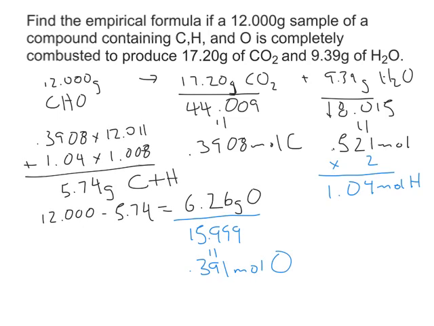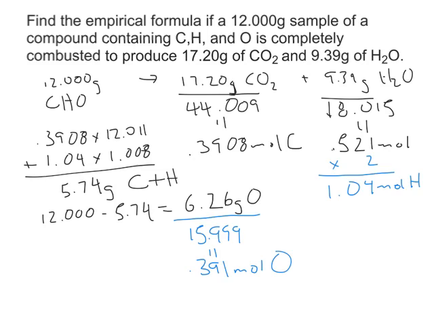Before we do that, let's recollect what we did. Mass of carbon dioxide divided by molar mass of carbon dioxide gets me moles of carbon dioxide, which is the same as my moles of carbon, 1 to 1. Mass of water divided by the molar mass of water gets me moles of water, double that to get my moles of hydrogen.